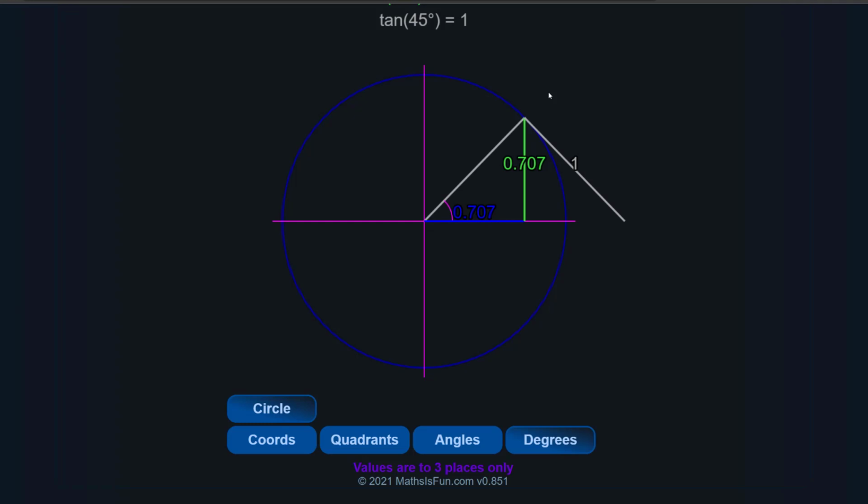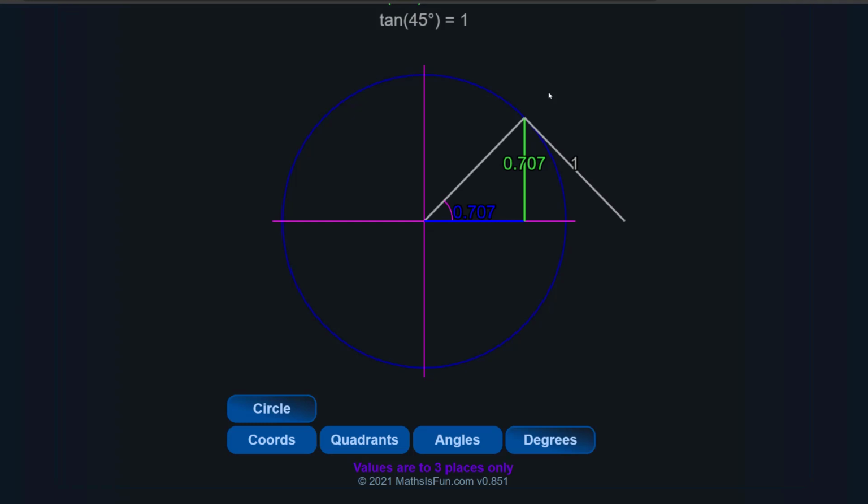We see that the line outside the circle is tangent to the circle, which means that this line has only one single common point with the circle. Có nghĩa là cái tangent nó chỉ có một cái điểm chung duy nhất với cái đường tròn này thôi. Và nó perpendicular.